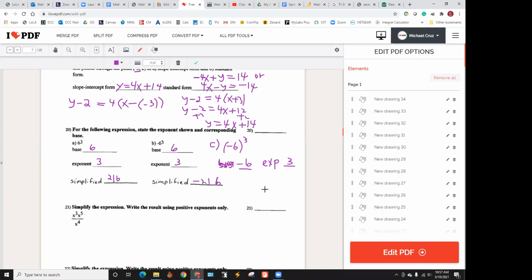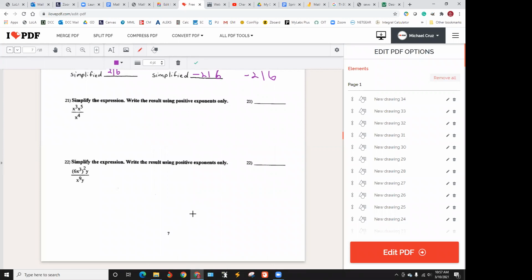And then this one would be 216 also. Because, oops, let me back up. This one would also be negative, because negative 6 times negative 6 is 36. And then negative 6 times 36 gives us a negative 216. But that's only because of this being a negative exponent.